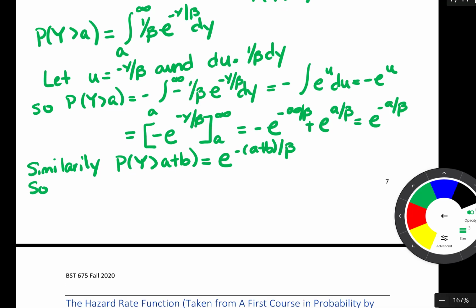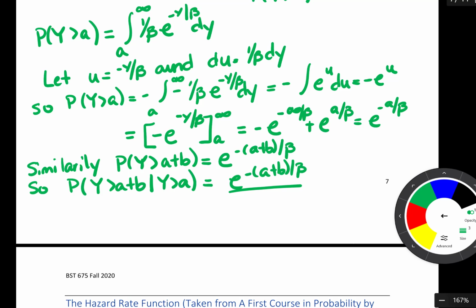So we find that that conditional probability that we were interested in is equal to e to the negative (a plus b) divided by beta over e to the negative a divided by beta, and that is going to simplify to e to the negative b over beta.